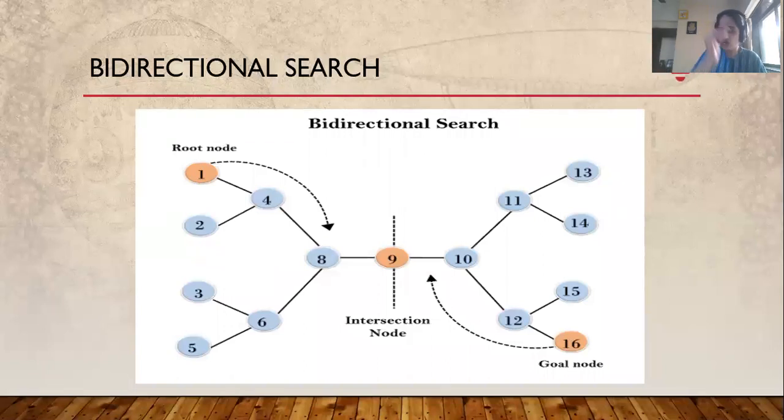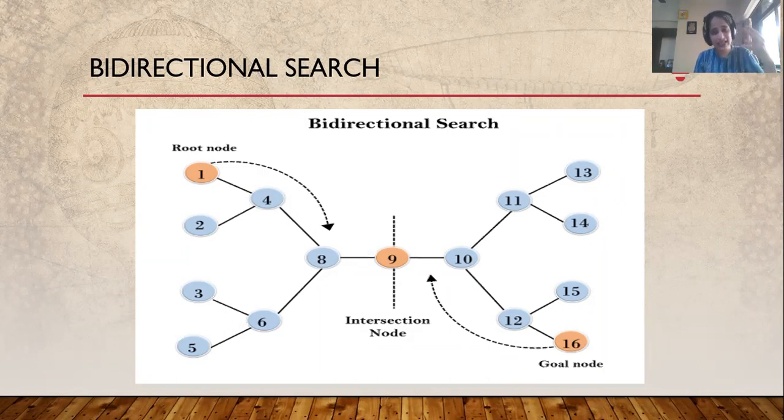Now the forward search has also explored a node which is 9, and the backward search has also explored 9. When this condition happens, when the visited node of the forward search and the exploring node of the backward search are the same, at that moment the search stops.